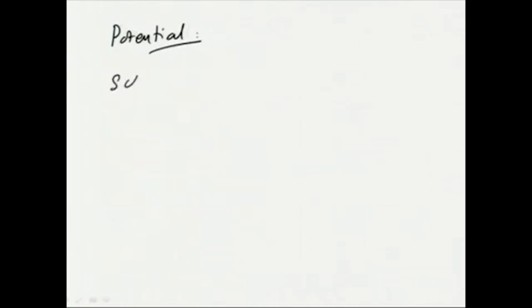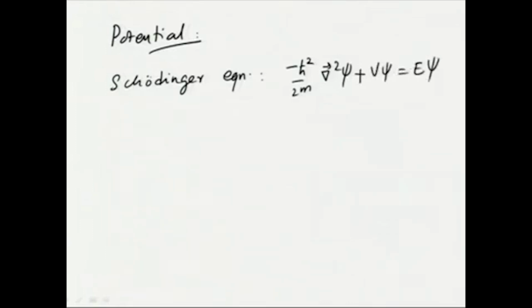For that, let us first look at what we did in the case of the Schrodinger equation: minus h cross square over 2m del square psi plus V psi equal to E psi. I have not put h cross equal to 1 here, just for clarity, but in the other equations I will take them to be equal to 1.